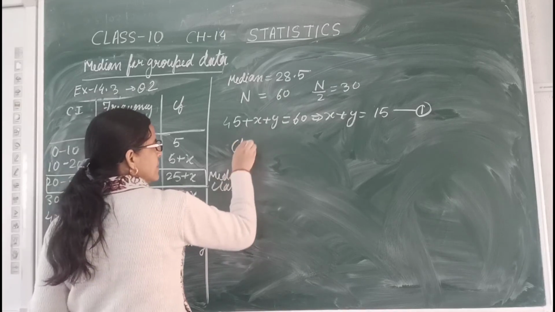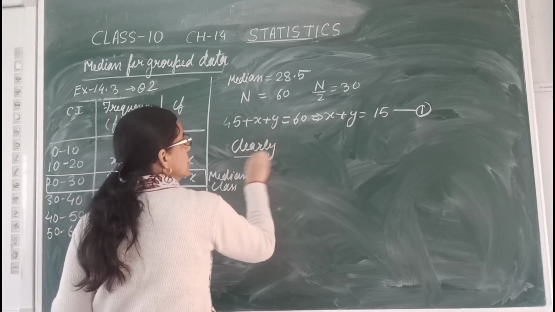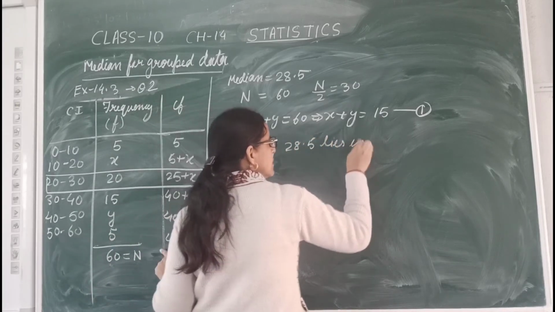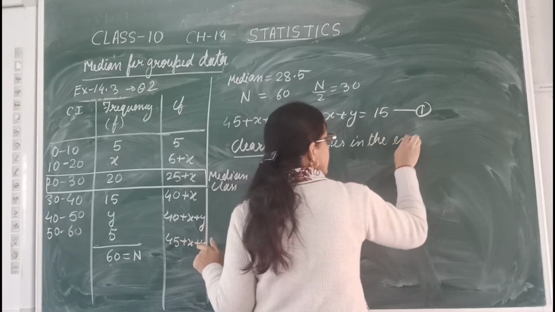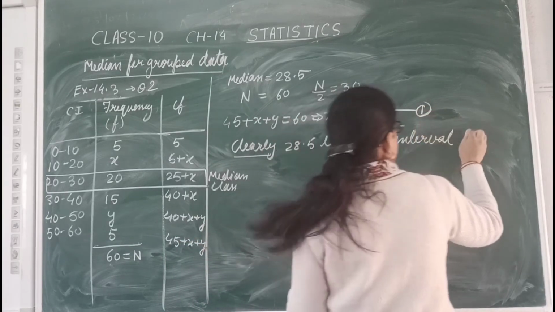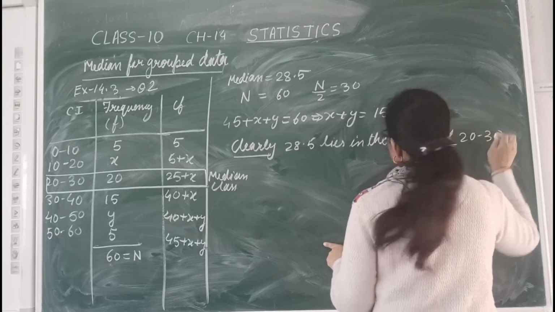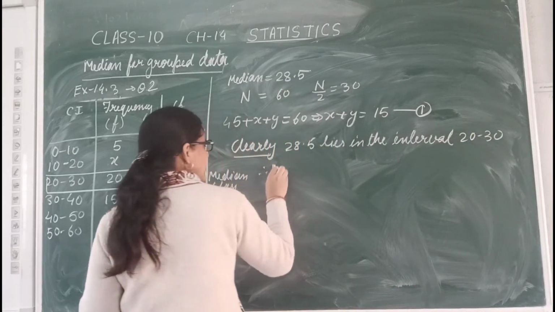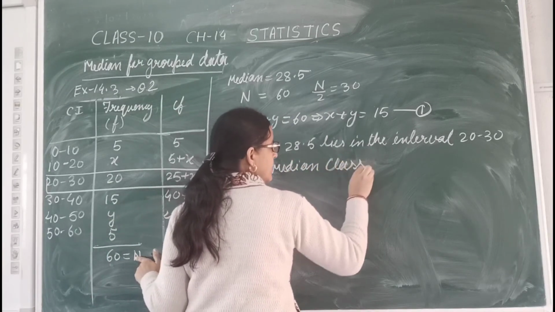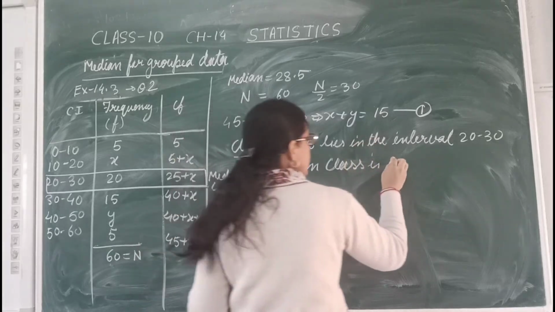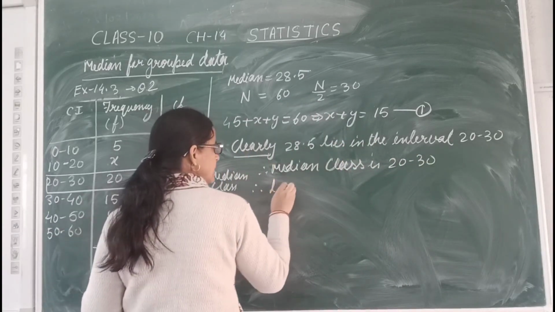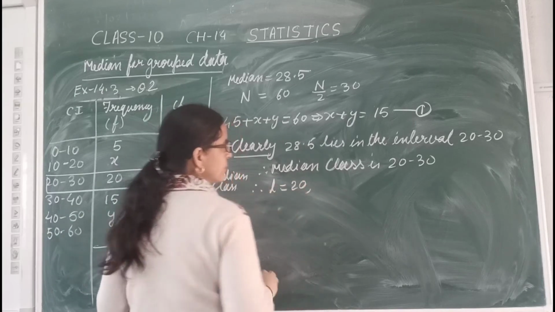So clearly 28.5 lies in the interval 20 to 30. Therefore, median class is 20 to 30. Therefore, L equals the lower limit of the median class, 20.